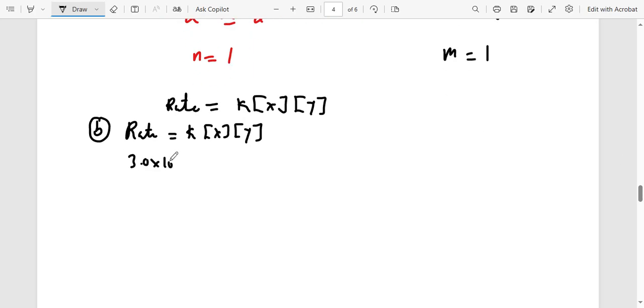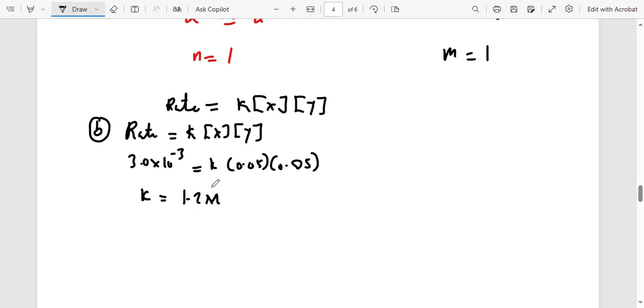So 3.0 times 10 to the power negative 3 is equal to K times 0.05 times 0.05. Just divide both sides by 0.05 times 0.05. That will give you K being equal to 1.2.